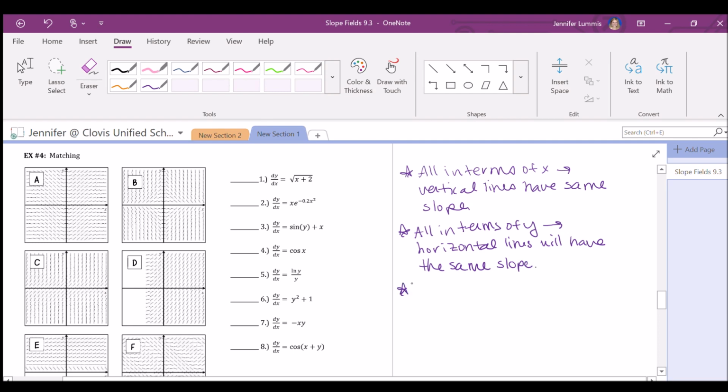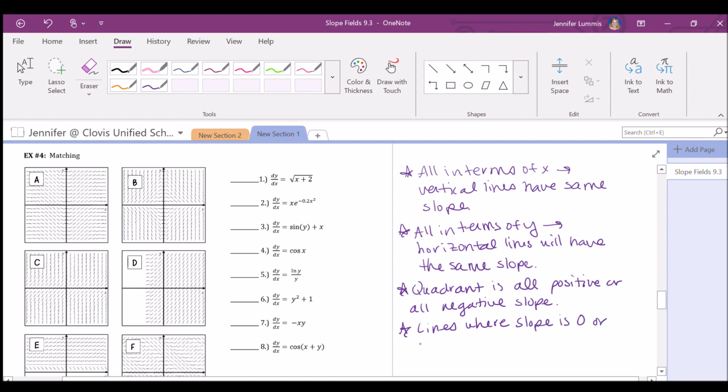Sometimes an entire quadrant is all positive or all negative slope. Or you might notice lines where the slope is 0 or undefined.